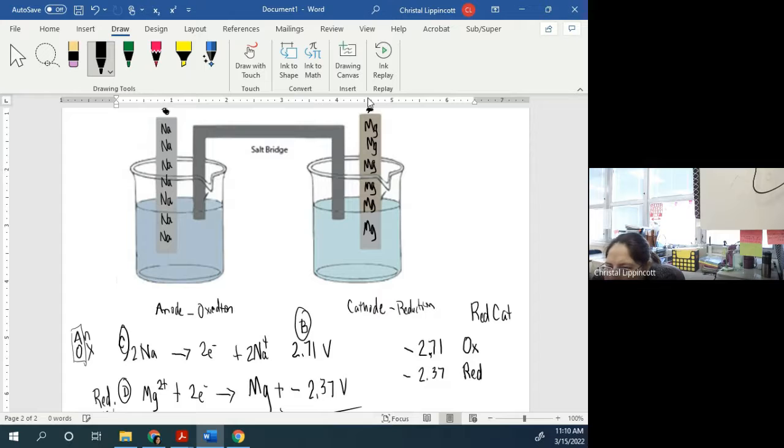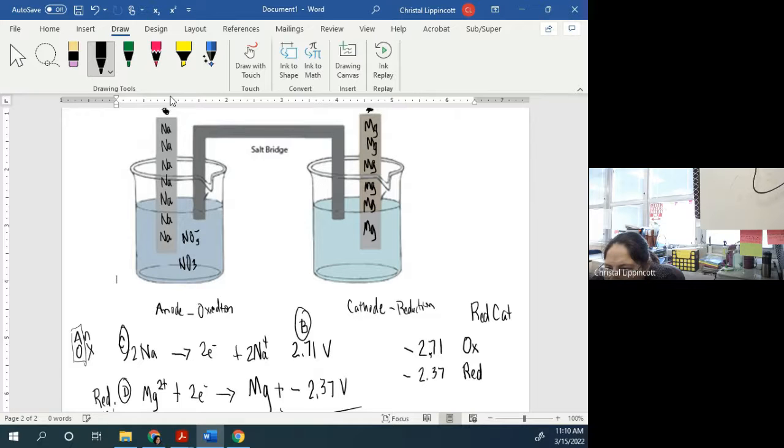In here, I'm going to have a solution. They didn't tell us what it was. Let's just use NO3. Oops, that shouldn't be a plus. It should be a minus. So nitrate again. Let's just use nitrate.